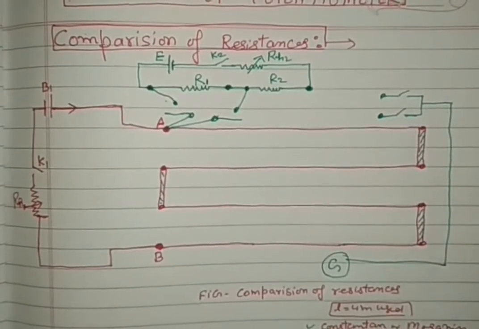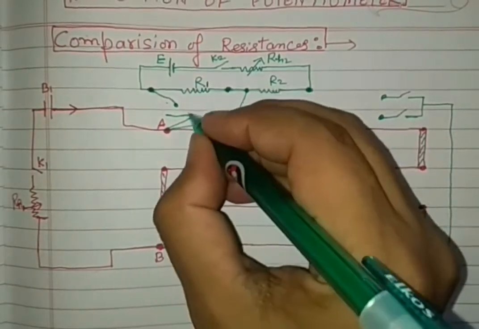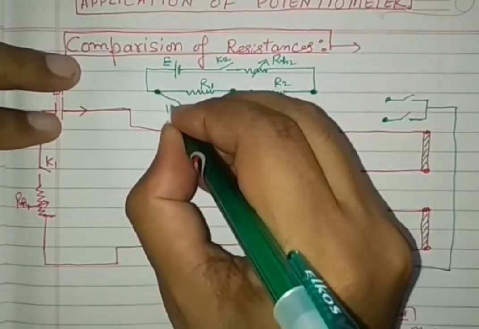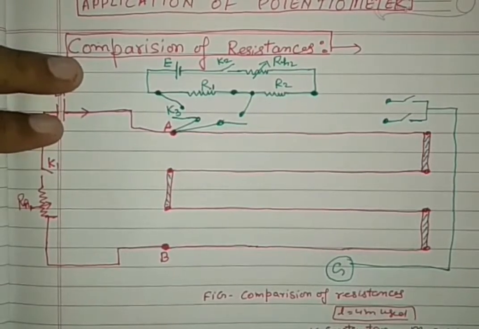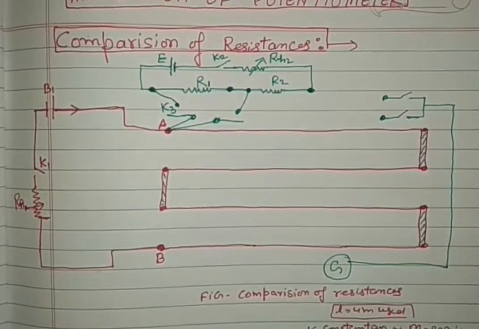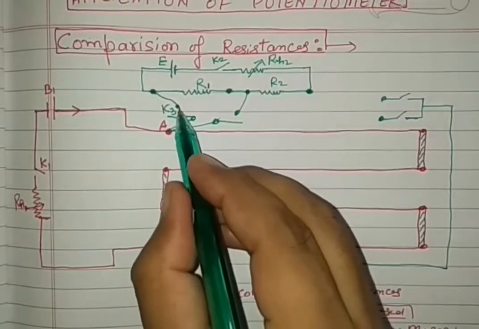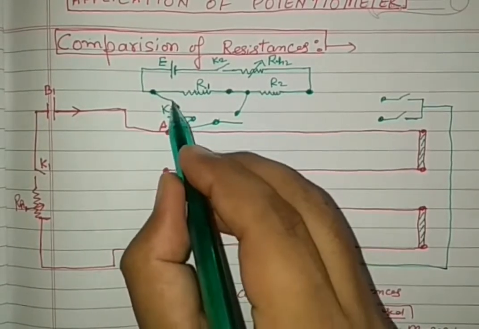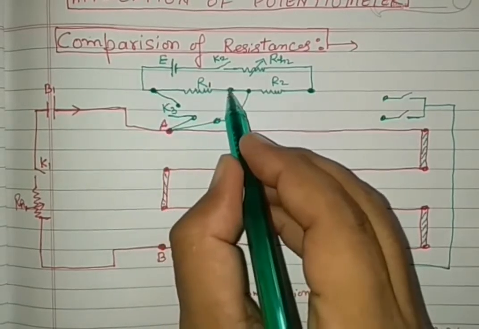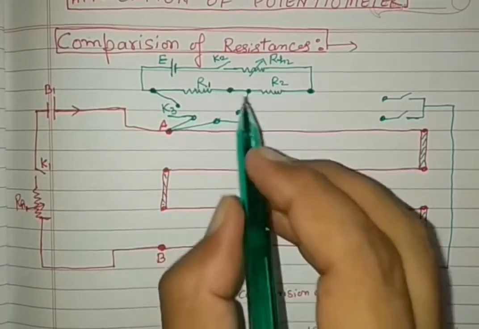See, my pen is here. Here is one key. This key is K3. Right? The K3 key is pressed first of all. The current passes through the first resistance.